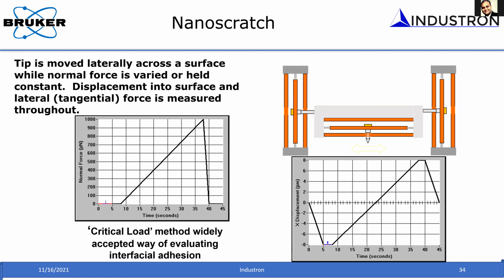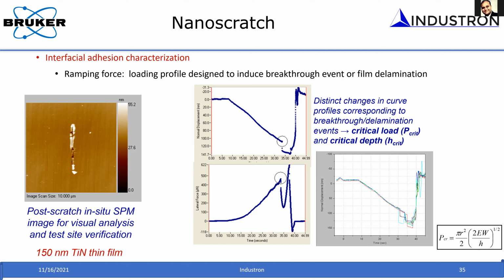Or if you have thin films, in this particular case, you can indent, apply the normal load, and progressively increase the normal load as you move the lateral transducer. So at some point, the film is going to debond from the substrate, and you can see that through a jump in the load displacement curve, both in the lateral force as well as the normal force.